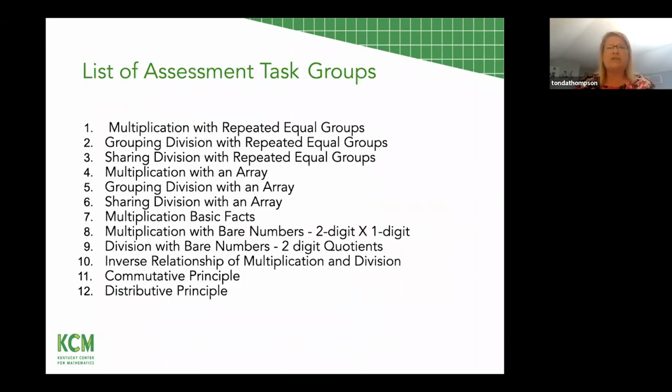When you look at the Red Book, there are 12 task groups for assessing different types of multiplication and division. There is a task group like multiplication with repeated equal groups. There is an assessment task that you can give the child, and there's also an individual instruction activity to go with it if they're struggling with that.